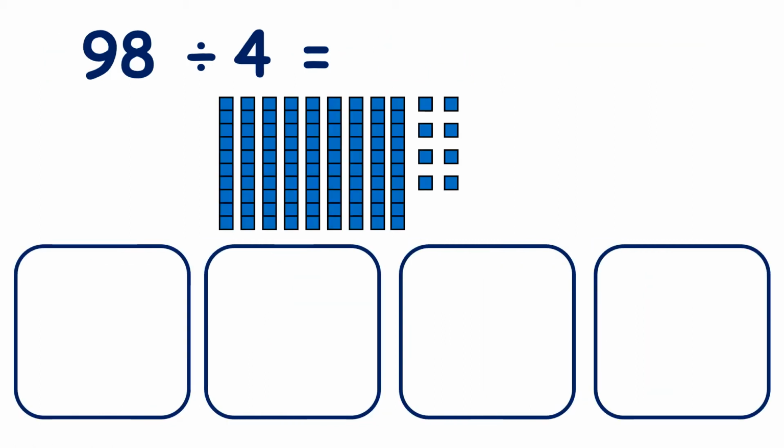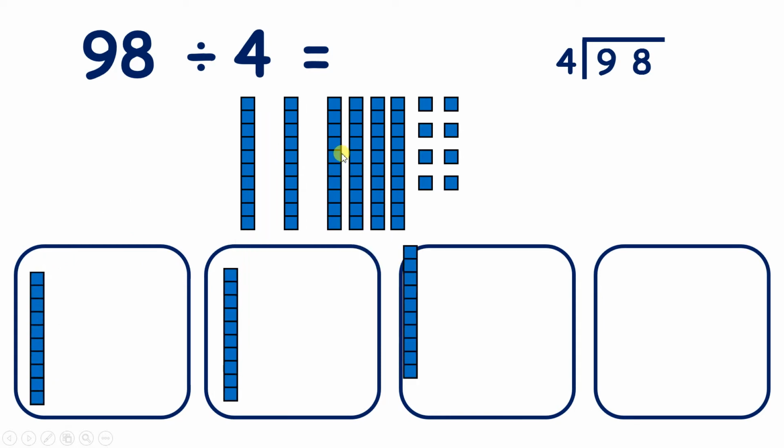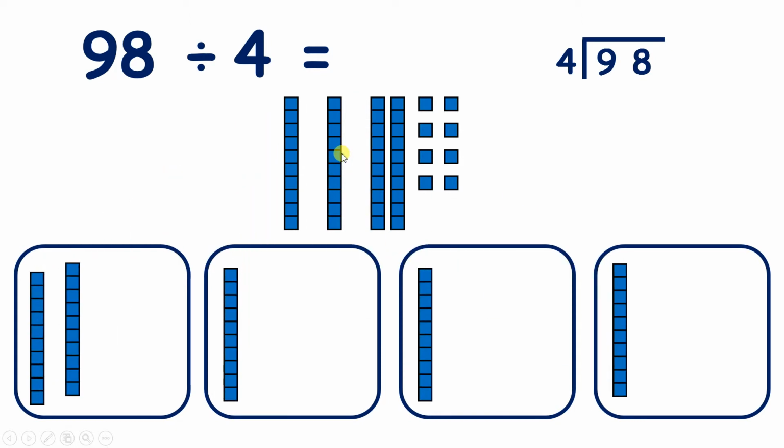Now pause the video and see if you can answer 98 divided by 4 using short division. So we start with 9 tens divided by 4. So let's share out 9 tens between 4 groups.